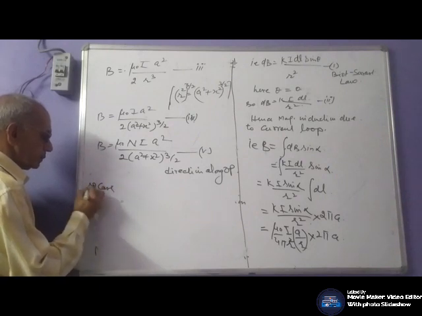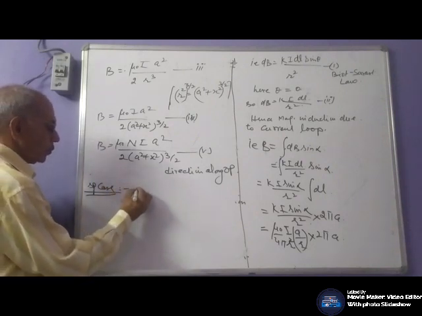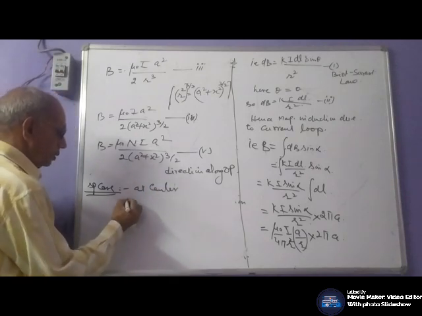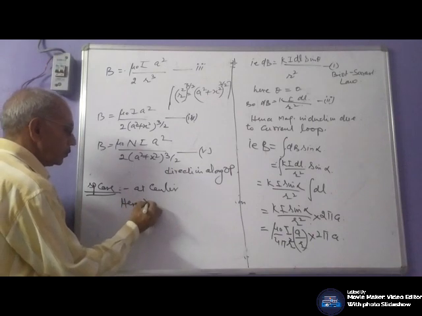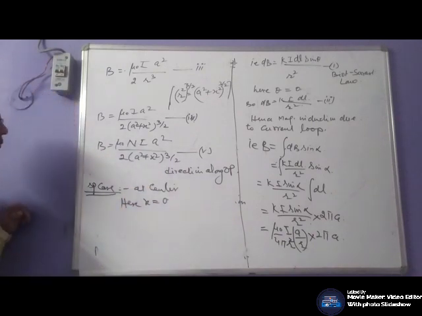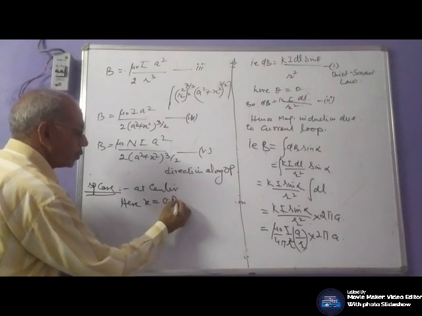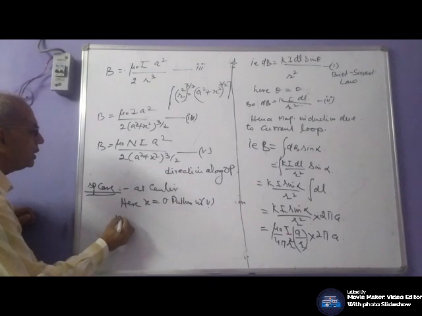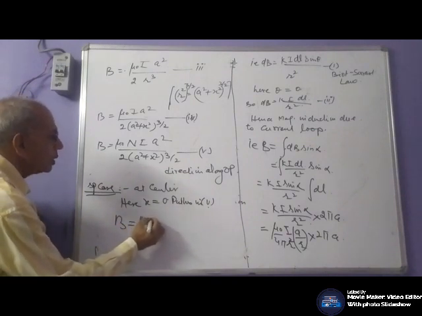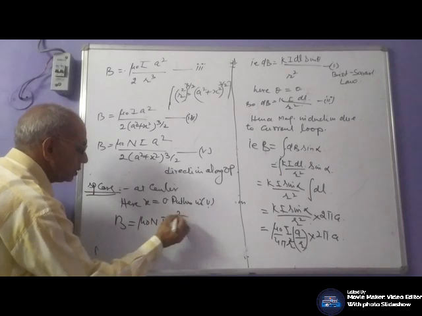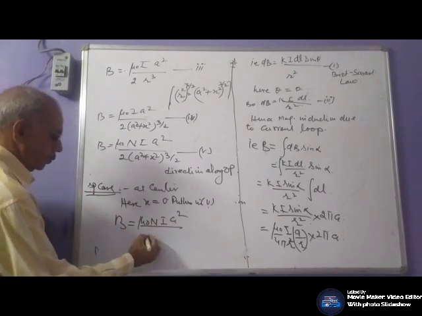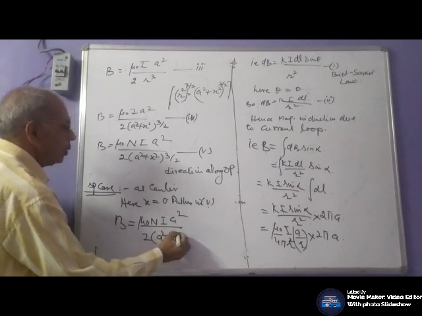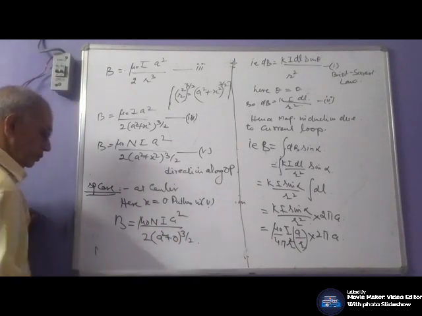Special case: at center, here x is 0. Putting this in the equation, fifth, B equals mu naught N I a square by 2 times a square to the power 3 by 2.